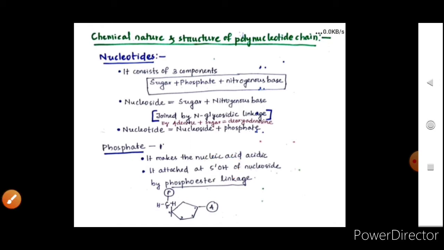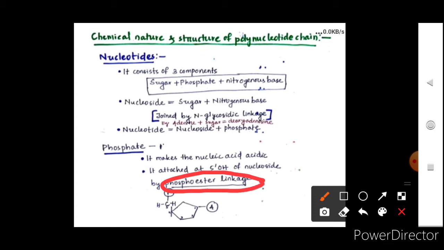This is attached at the 5' OH of the nucleoside by a linkage called the phosphoester linkage. You have to remember this. You can see here the addition of the phosphate group: this is the sugar, and the phosphate is attached at the 5' OH of the sugar. That is a nucleoside, meaning the nitrogenous base plus the sugar molecule.